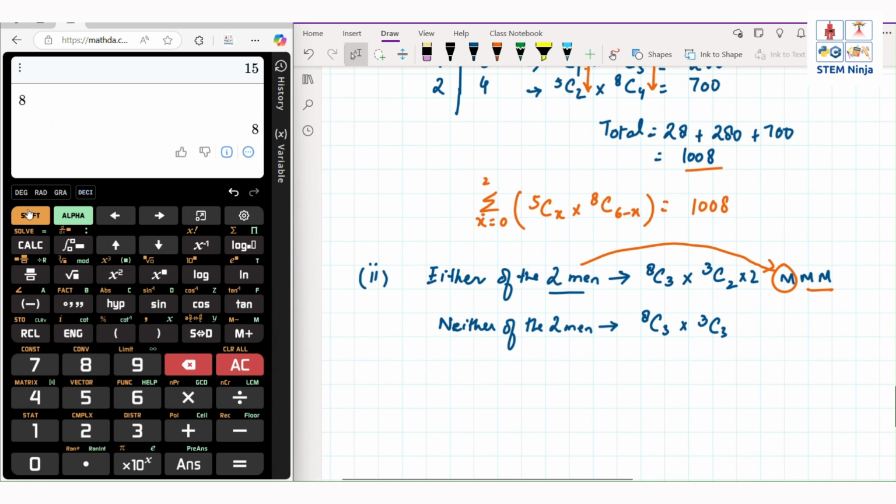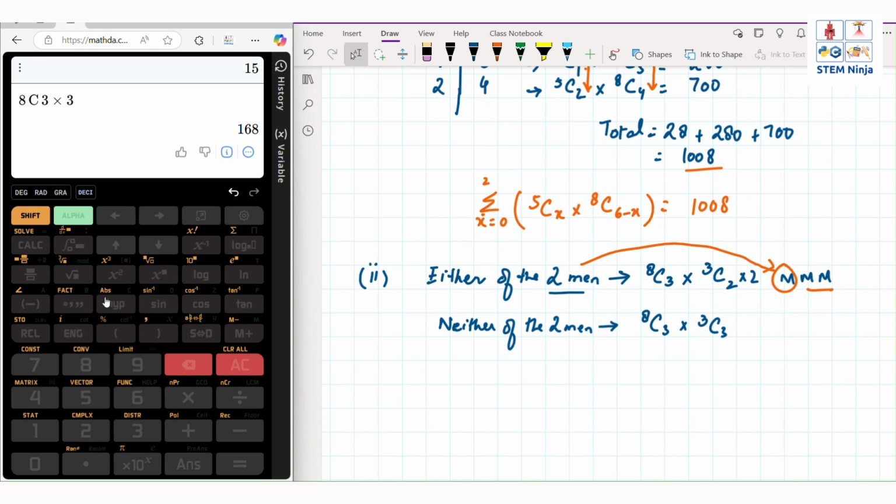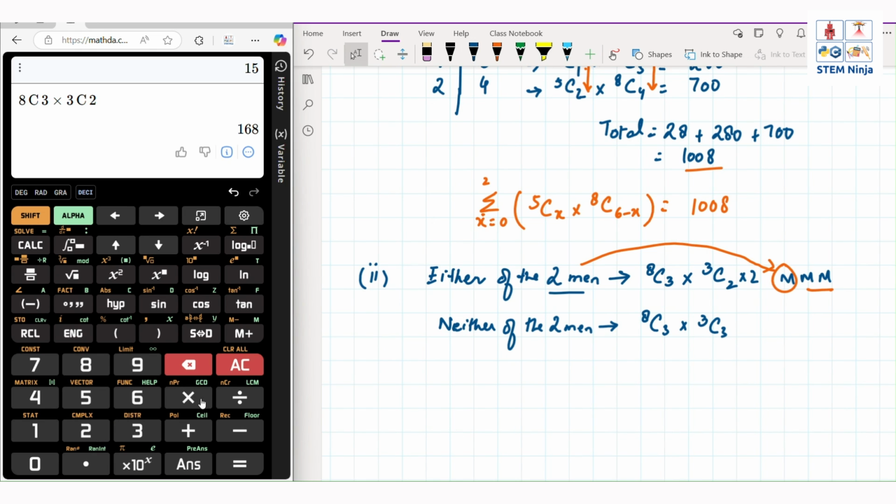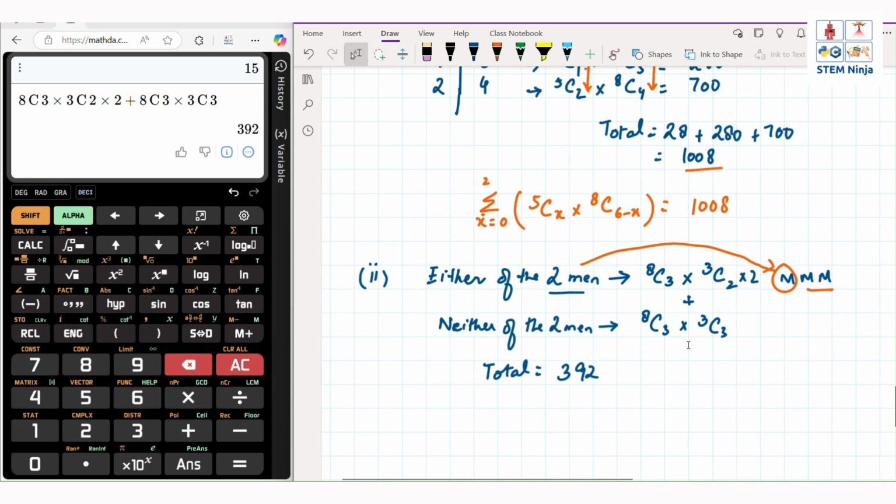So 8C3 times by 3C2 times by 2 plus 8C3 times by 3C3. So 392. So basically we are adding for the total over here. All right.